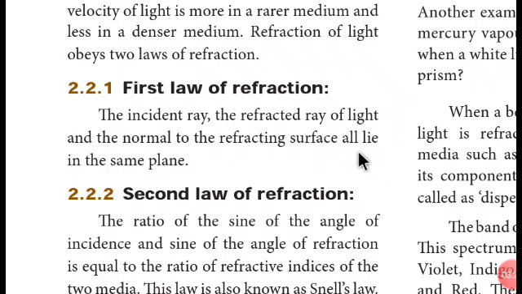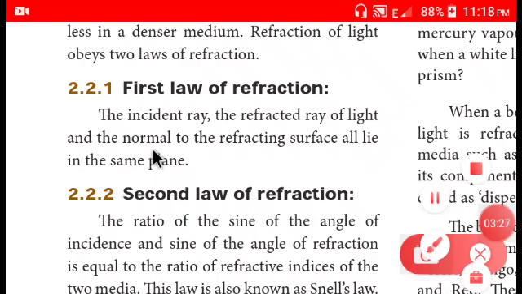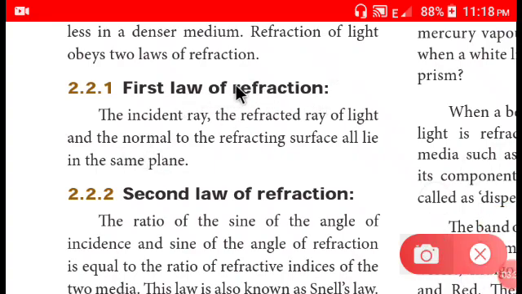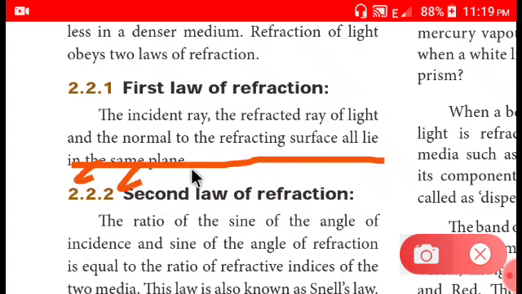Coming to the first law of refraction: the incident ray, the refracted ray of light, and the normal to the refracting surface all lie in the same plane. This is very simple. See, let me first talk about reflection. We will be taking a plane mirror, and this upper side is the reflecting surface, and this line is the normal.